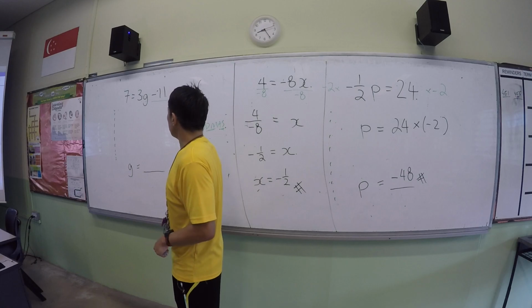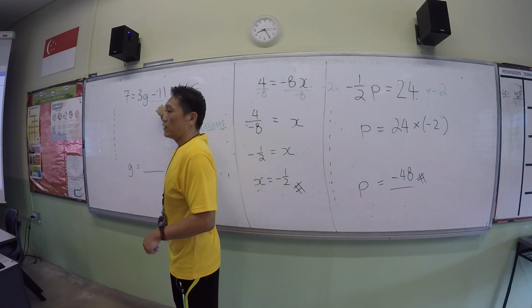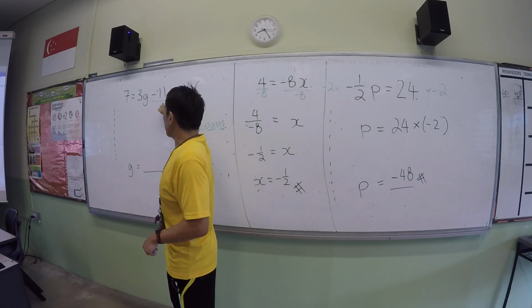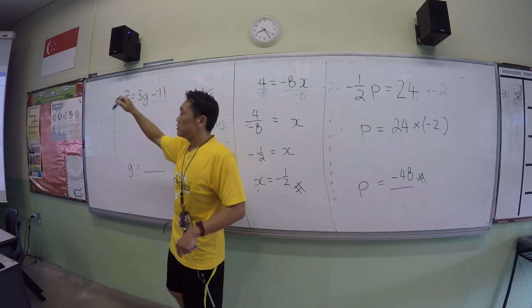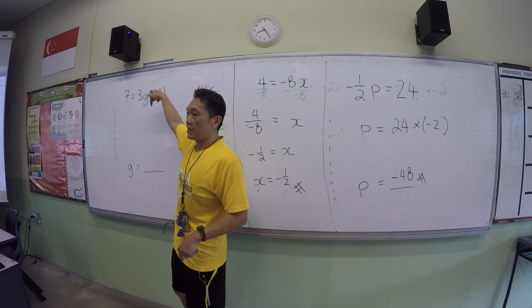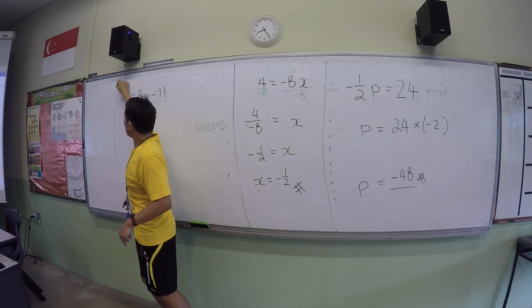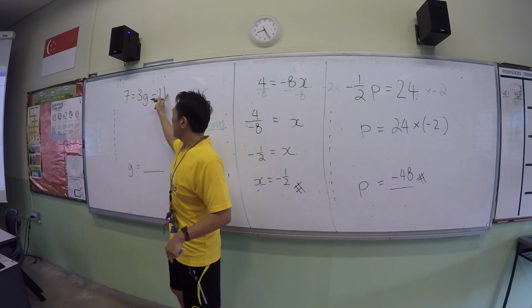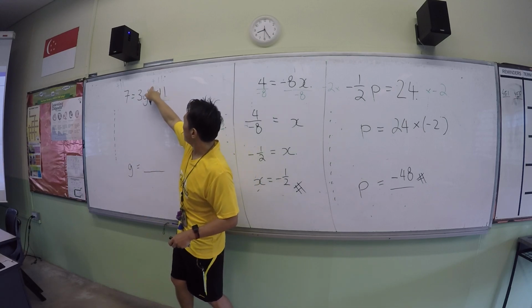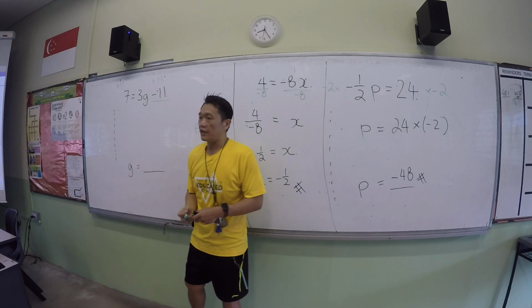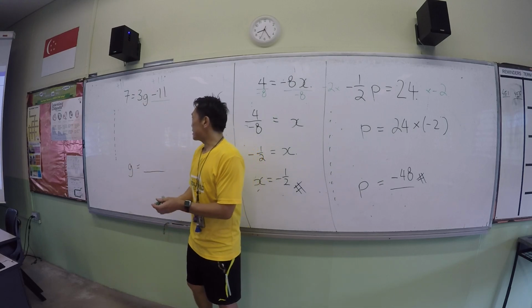So to get rid of the minus 11, we want minus 11 to become 0, we have to add 11. So that minus 11 plus 11 becomes 0. And because I add 11 on the right hand side, I also need to add 11 on the left hand side.